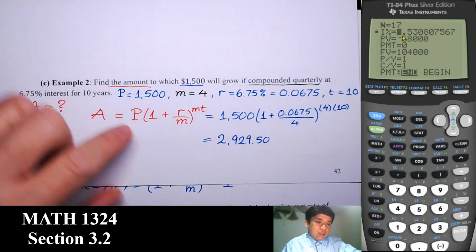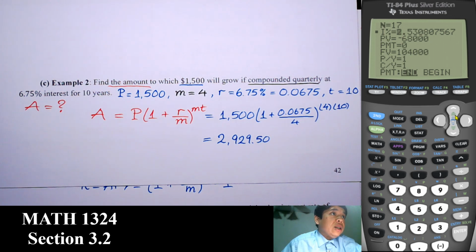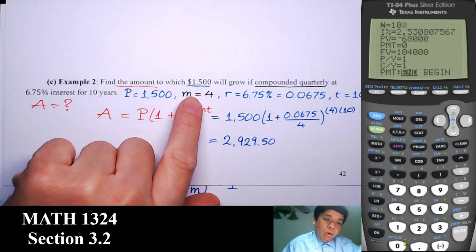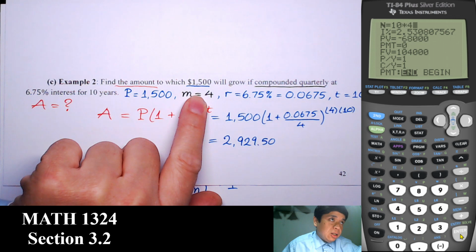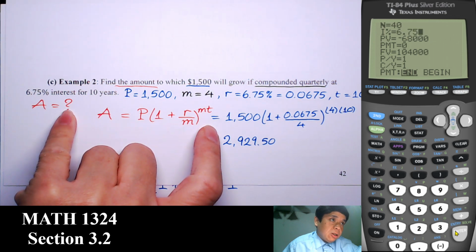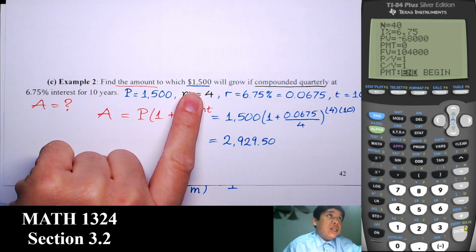Now let's look at the last example using the calculator. In this case, it is 10 years, 4 times a year, interest rate 6.75, and the amount to grow, let's say again it is an investment, so out of pocket, no payments.